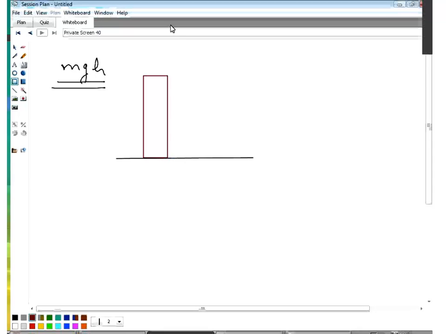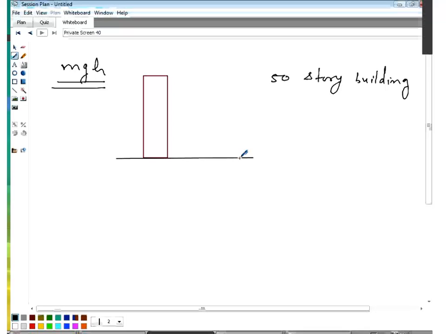A building which is having 50 stories, and if this is the reference line, the baseline, then what is the gravitational potential energy of the building?